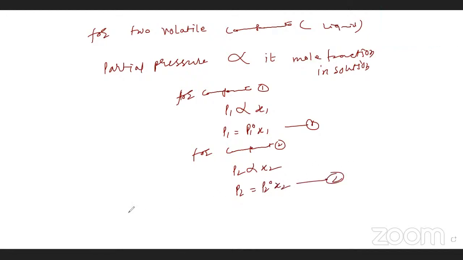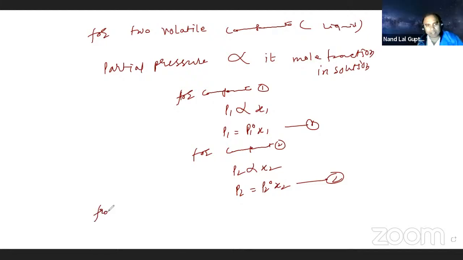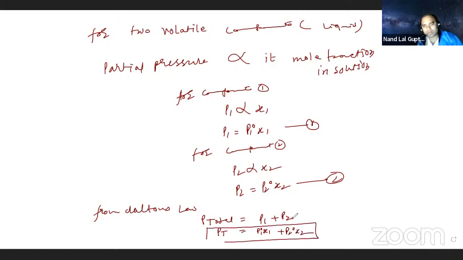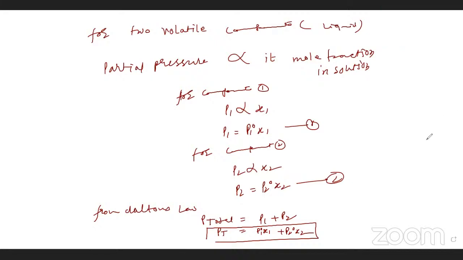But we know from Dalton's law that the sum of partial pressures is equal to the total pressure. P total is equal to P1 plus P2. So P total is equal to P1 naught x1 plus P2 naught x2. Can you see this one? Okay. Now see.